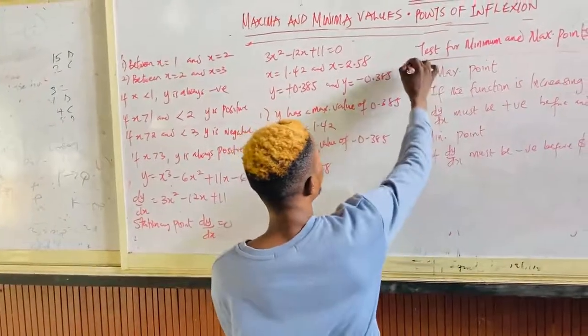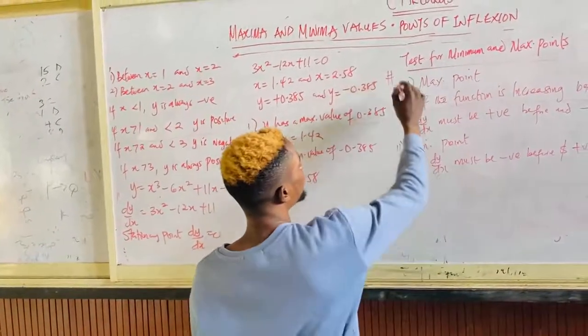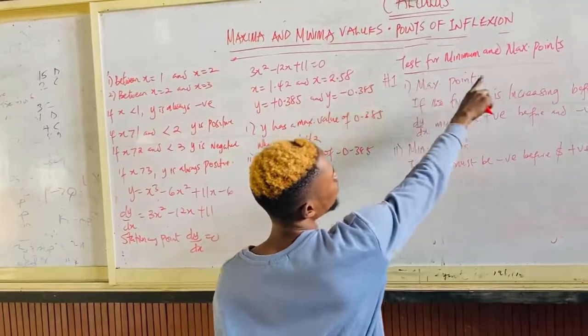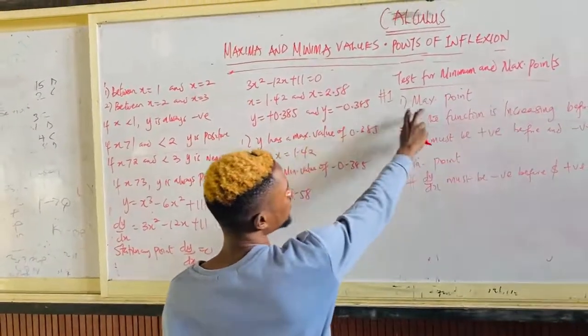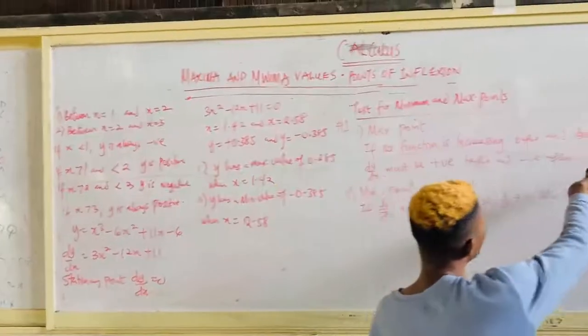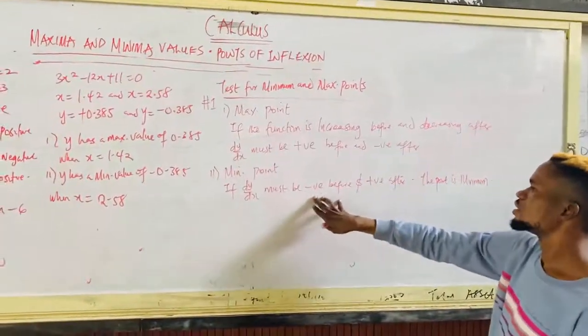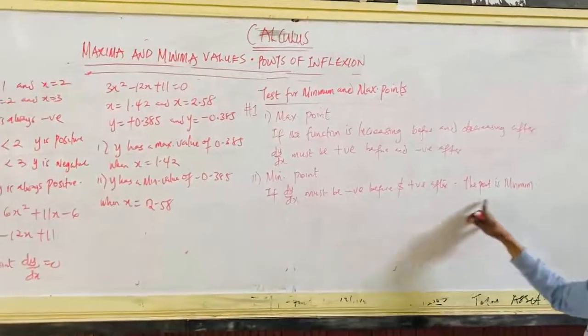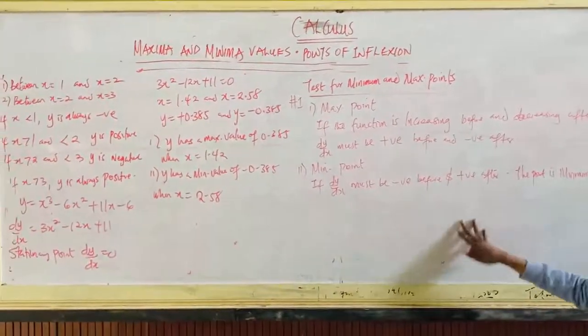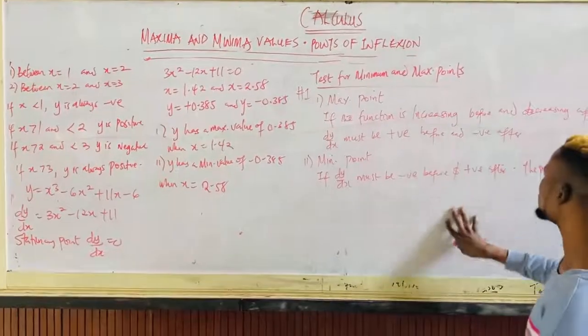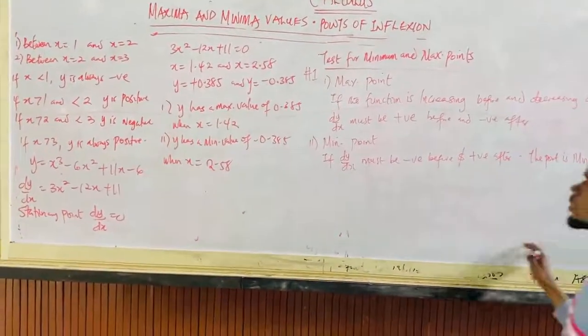Now, these are one of the tests of minimum and maximum points. The first test is if the function is increasing before and decreasing after, you can just conclude that it is what? Maximum. But if it is decreasing before and increasing after, negative before and positive after, the point is what? Minimum.